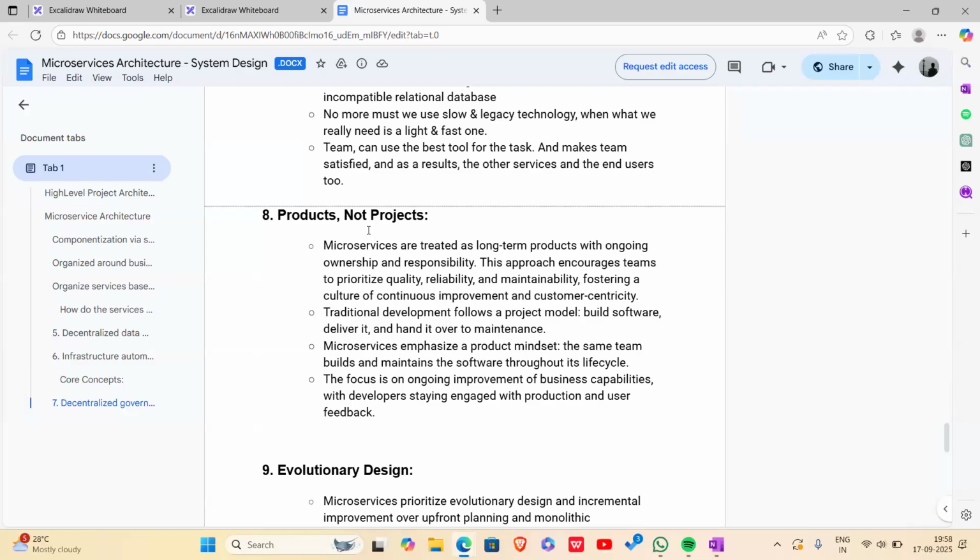Traditional development follows the project model: build software, deliver it, and hand it over to maintenance. Microservices emphasize a product mindset. The same team builds and maintains the software throughout its life cycle. The focus is on ongoing improvement of business capabilities, with the developer staying engaged with process and user feedback.